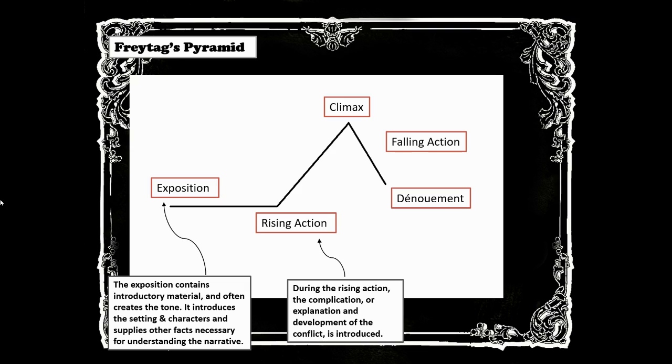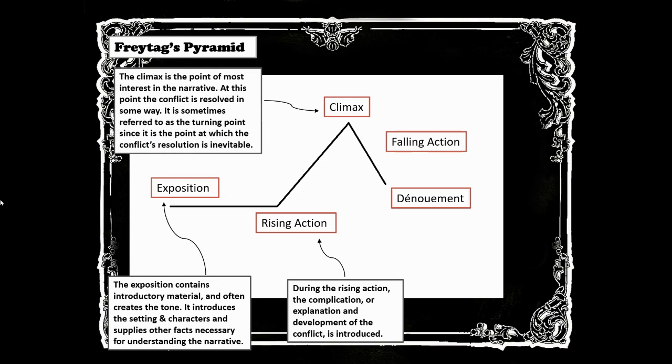So here's where we learn what the actual struggle is. And the climax basically is the point where the struggle is resolved. We said before that sometimes the struggle isn't resolved, especially in modern and contemporary stories and plays.